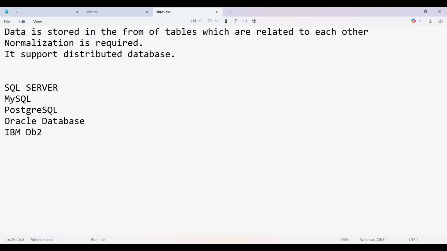These are the most common tools. These are very popular RDBMS tools in the market.